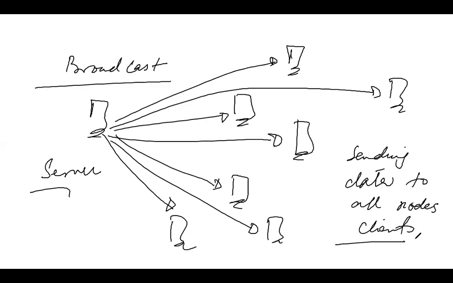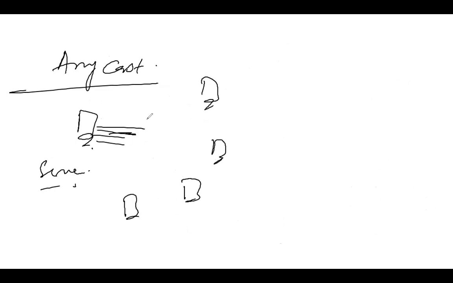And the next one is anycast communication, which means that if any one of them, here's the server and this is the network, receives this data, it means the task is satisfied.